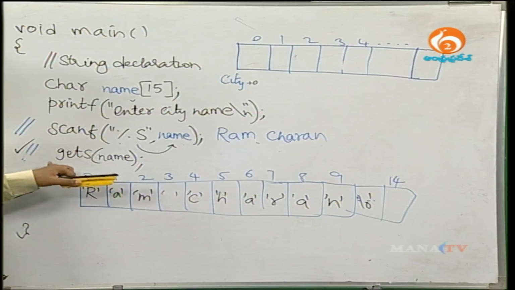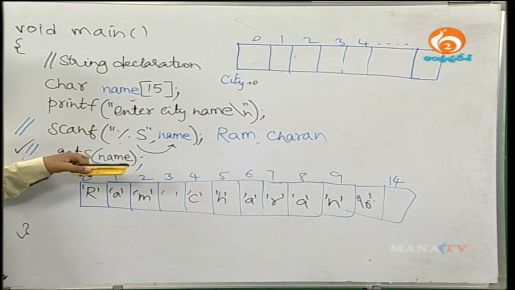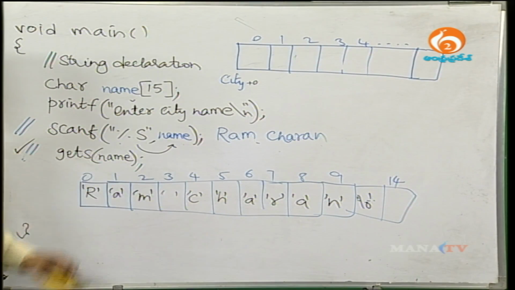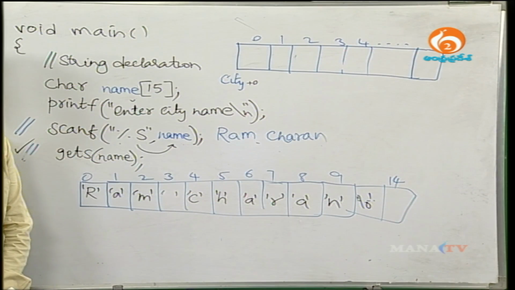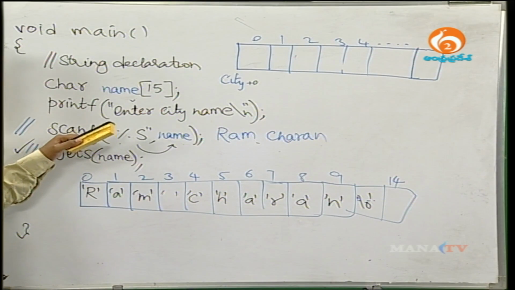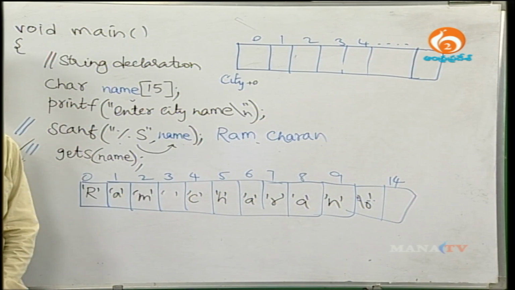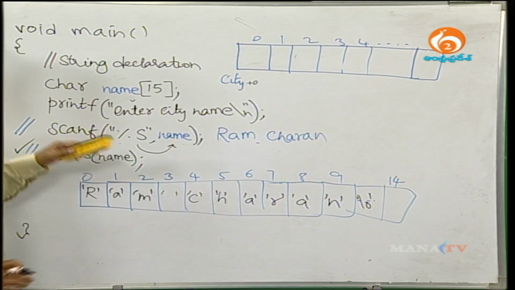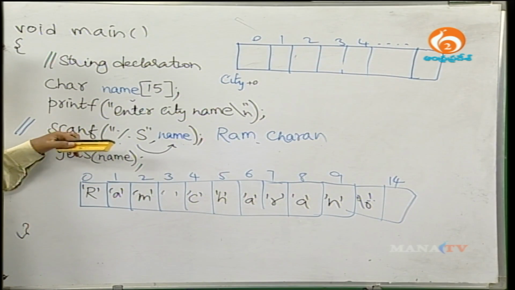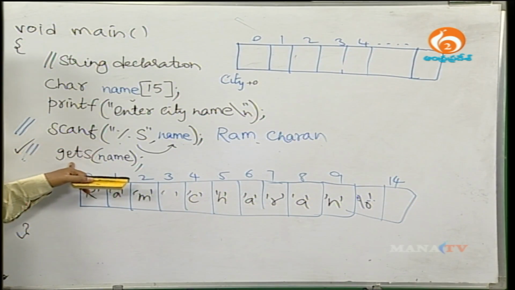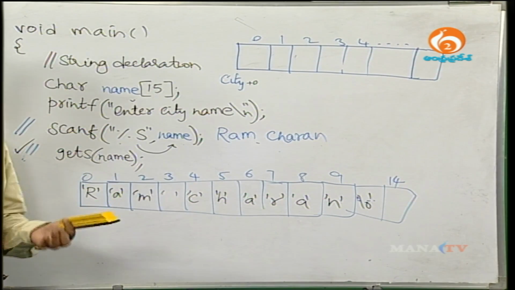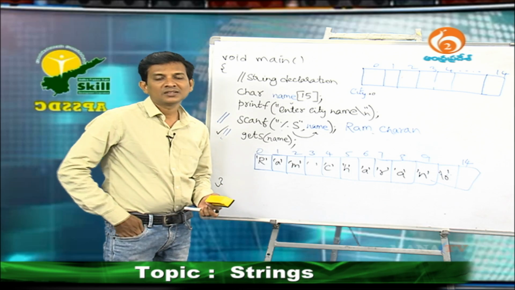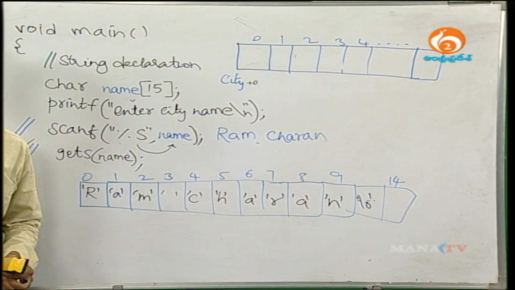That is the reason we use the gets function instead of scanf. So, better not to use scanf for strings. Another difference is that scanf is a formatted function, while gets is an unformatted function. Gets is only for strings; to read strings only we use gets.